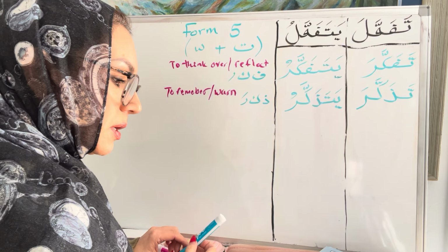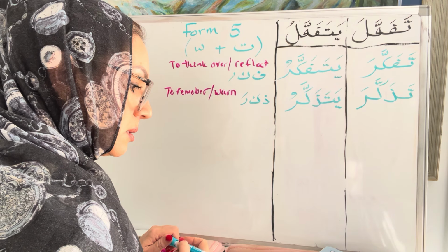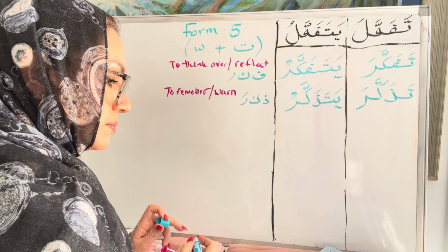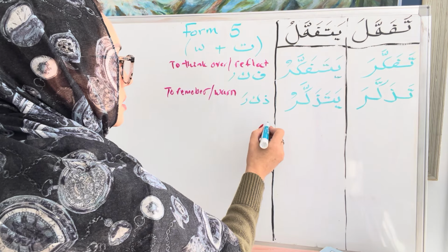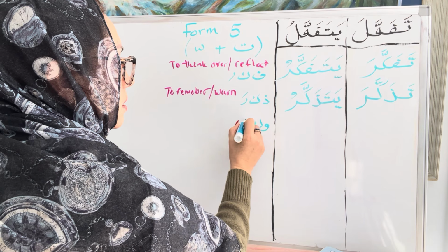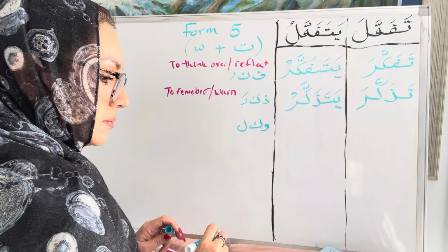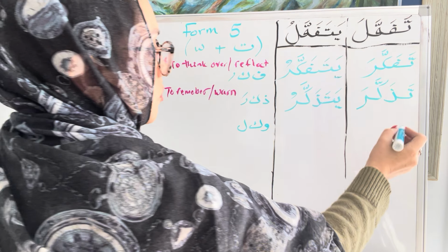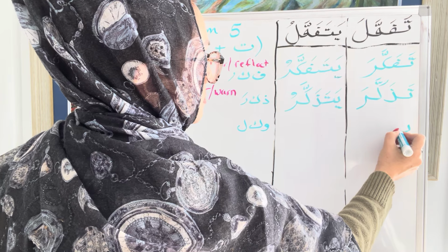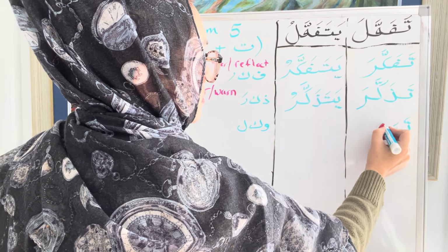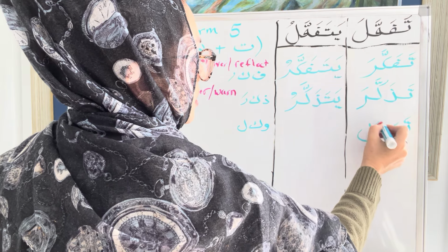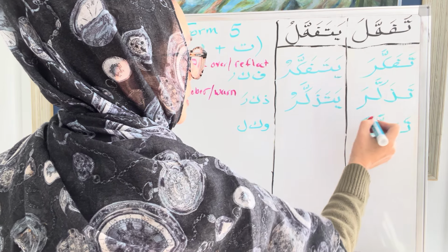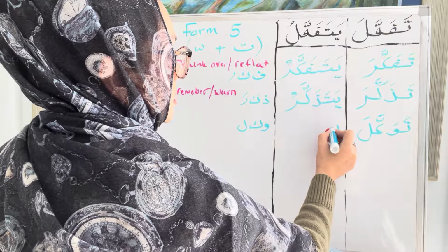The next verb we have is tawakkala. The root is wakala. So we put it in this form, tawakkala, توكل، يتوكل.